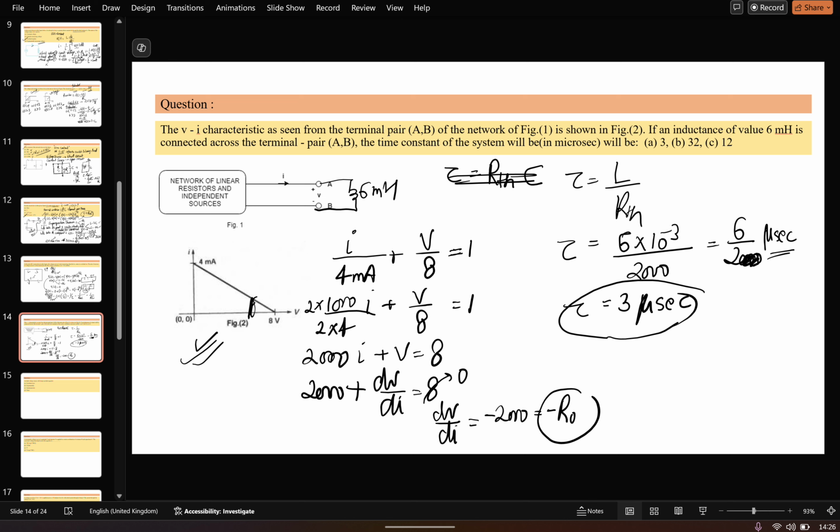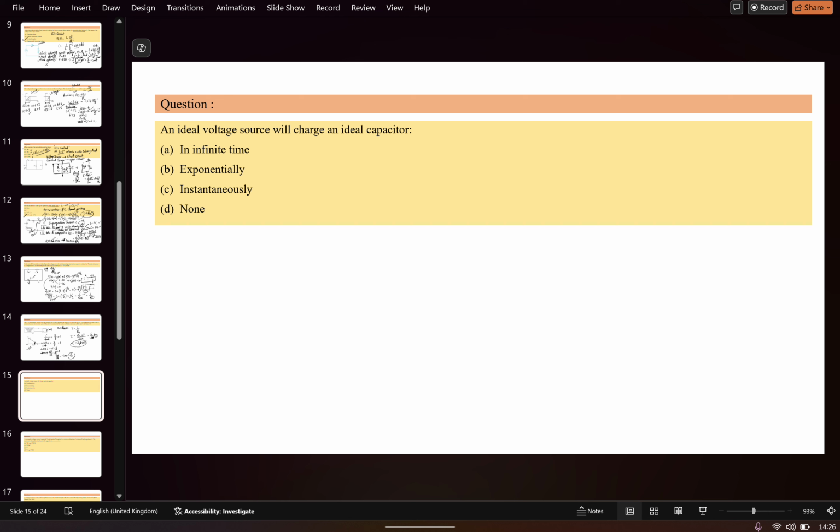Another part of the question, a different question, is saying that an ideal voltage source will charge an ideal capacitor in what amount of time. If I have applied an ideal voltage source and connected one capacitor, this is an ideal capacitor.